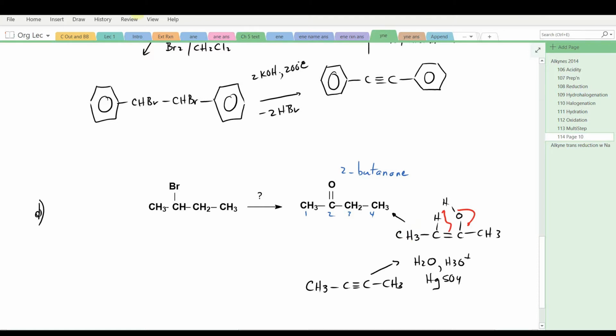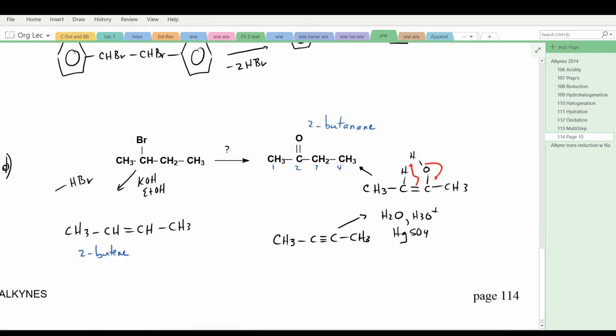So now it's simply a matter of how do we convert the alkyl halide to the alkyne. Well, we've done this a few times now. KOH in ethanol, dehydrohalogenation loses HBr. It gives us the alkene. That would be 2-butene. To convert the alkene to the alkyne, that requires 2 steps.